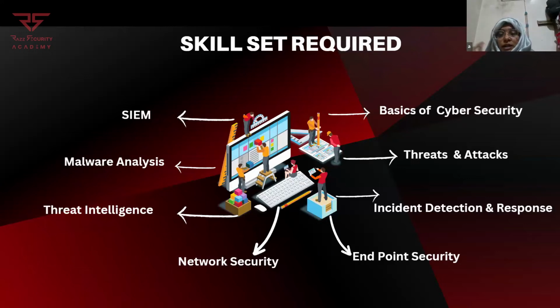If you attended yesterday's session, sir was asking, if this is the particular IP address, what is the CIDR, what is the subnet mask. As a SOC analyst, we must know all of these things. So when we get into an organization, we'll have a brief idea of where things are happening, in which network there is an attack, which class of IP address it is, and all of that.